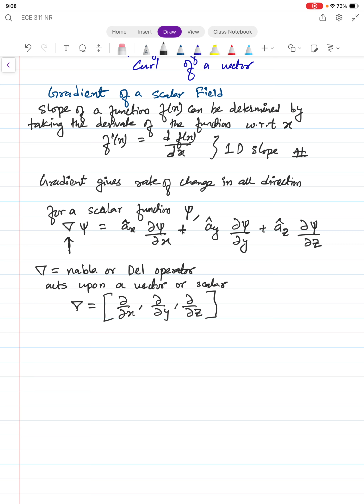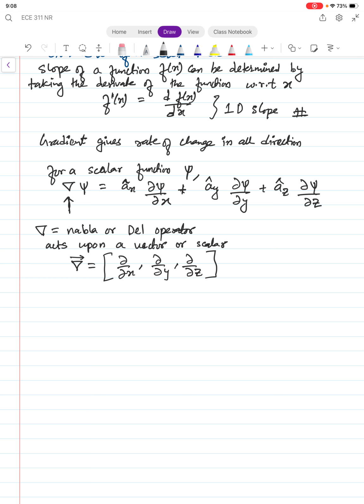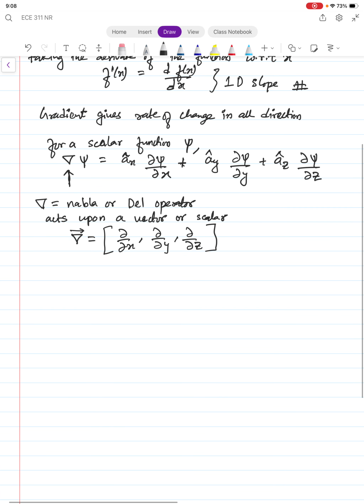So this is a vector, and sometimes you also write an arrow on top of the del, but if you miss it, it's completely okay. This del operator is acting upon a scalar function psi to give you the gradient of the scalar function. All right, so that is your gradient in Cartesian coordinate.